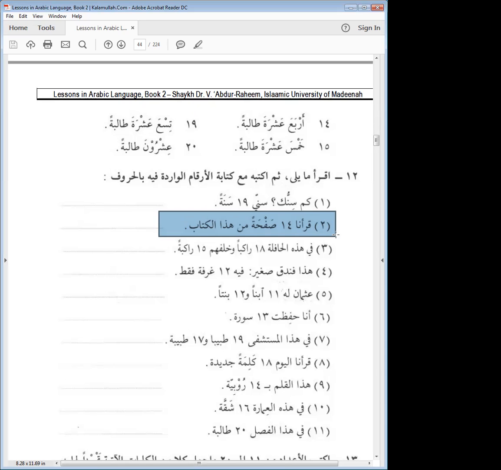Now, قرأنا, we read, أربعة عشرة صفحة من هذا الكتاب. Right? We read, past tense, we read 14 pages from this book. Okay? Does everybody understand that word qara'na?